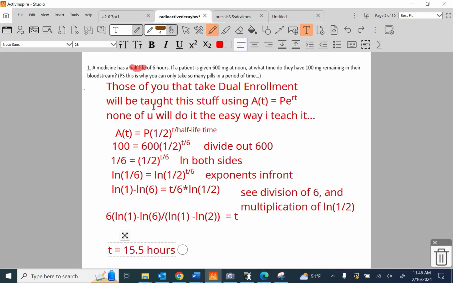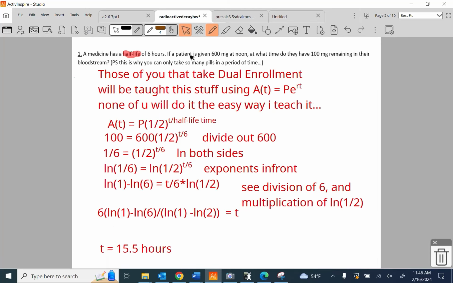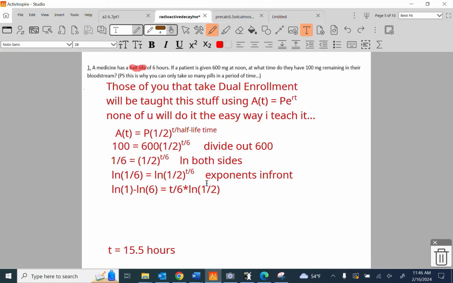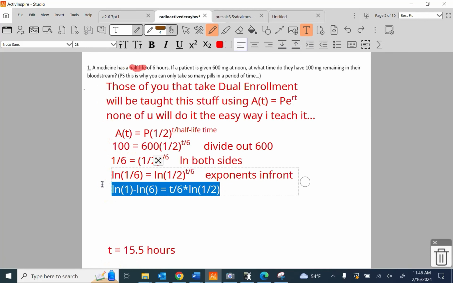Now, I'm sure some of what I did starting right here was pretty confusing. So I'll dumb it down for you. It's not a problem. I'm sure some of you don't care. But anyways, I'll not rewrite that 1/6. I'm still going to have to move that t over 6 out front. I'm going to multiply by 6 and divide by that. And it's just going to look kind of funny.